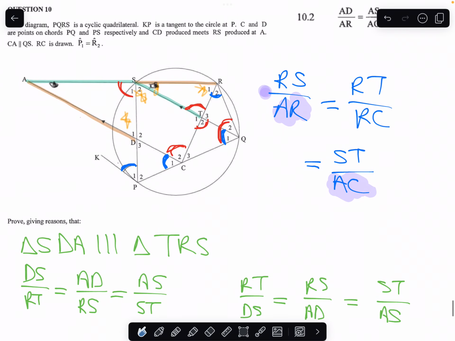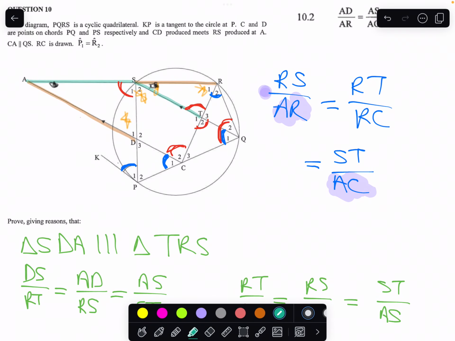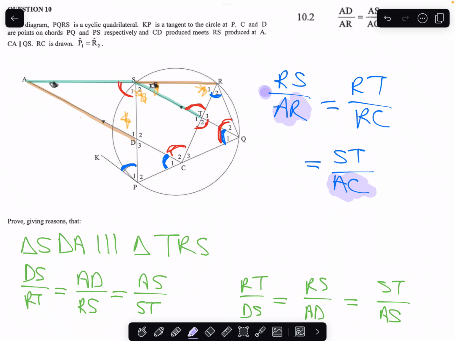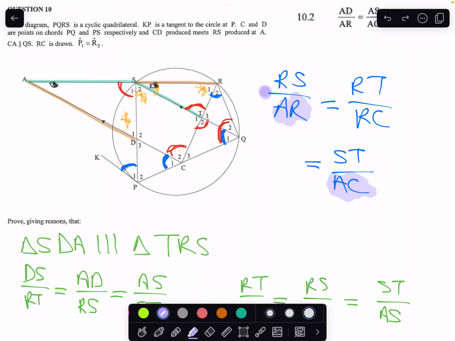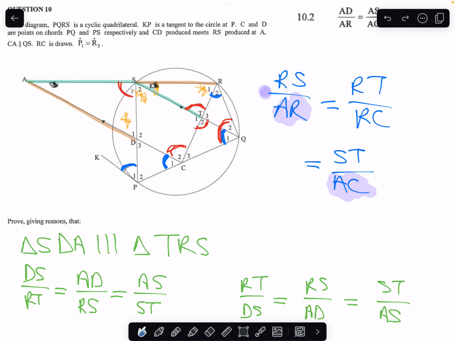Okay, so now let me see what's going on here. So I've got AD and AS, which are also in my original statement up here.